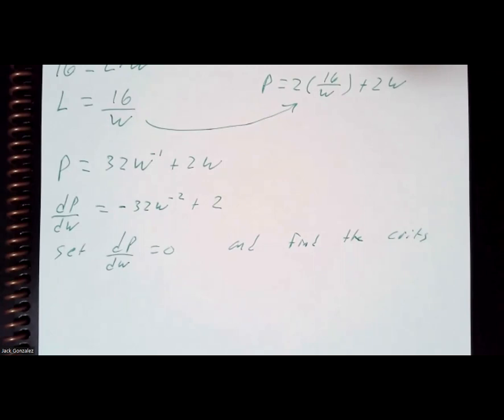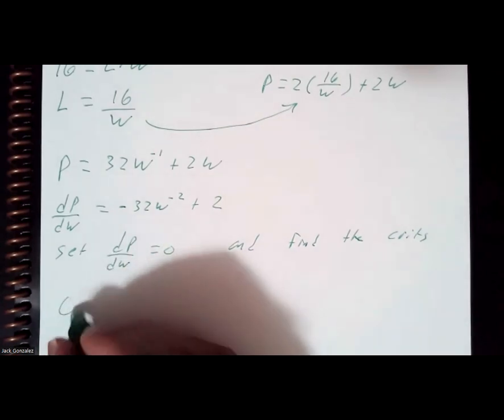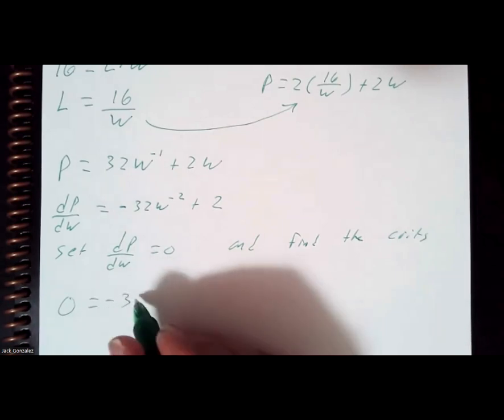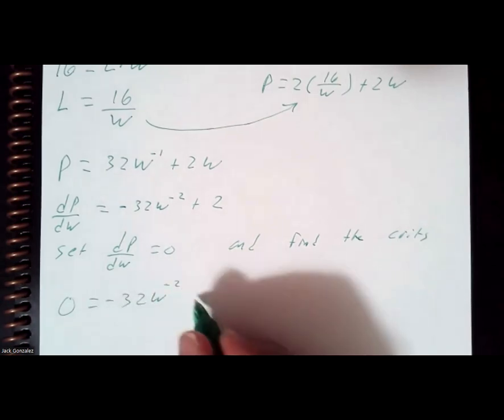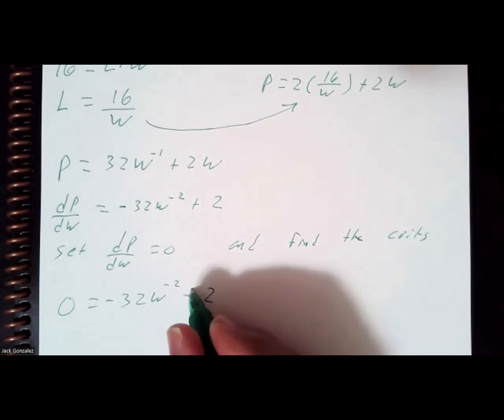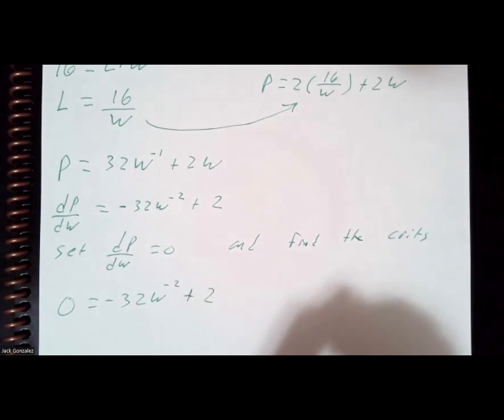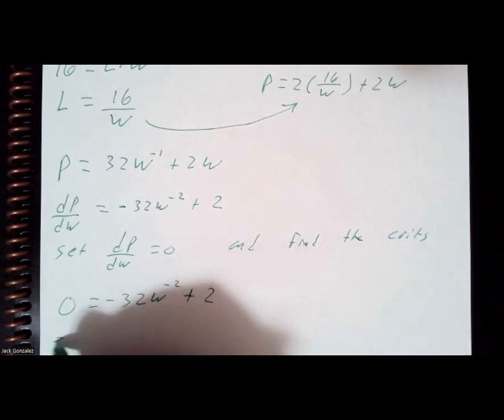Okay. Now, same thing. Set this guy to 0 and find the critical numbers. So 0 equal to negative 32W^-2 plus 2. Solve for W. I guess I'll move that 2 over.